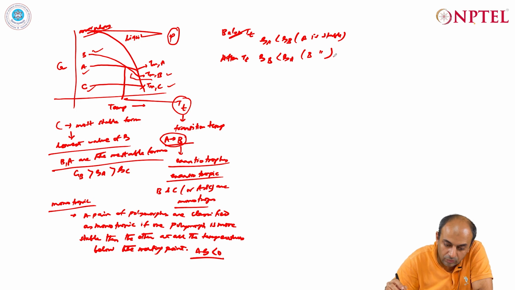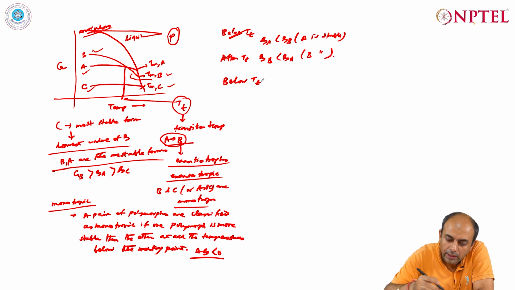Below Tt, A is the most stable polymorph, B is the less stable polymorph.